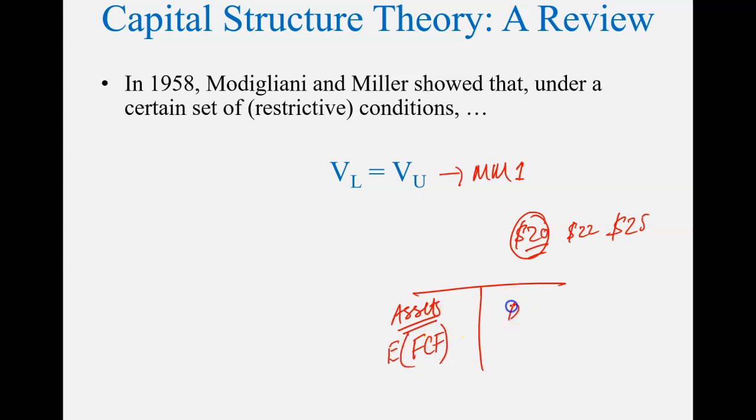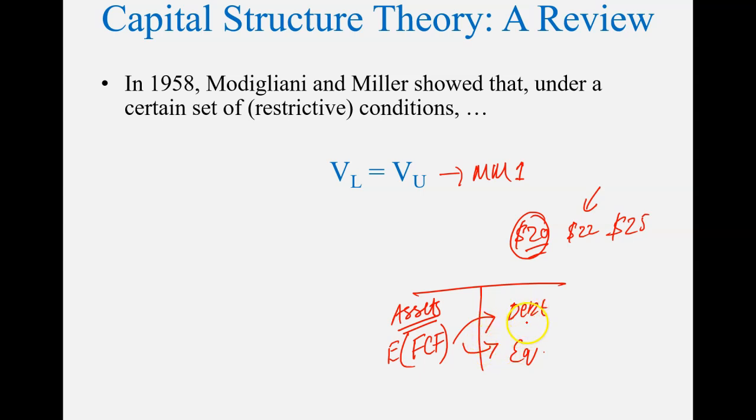What capital structure really does is simply change how those cash flows are going to be distributed. Much like this example was illustrating how the pizza was getting cut into different slices. Cutting pizza into different slices is the same cash flows just being cut into different pieces.